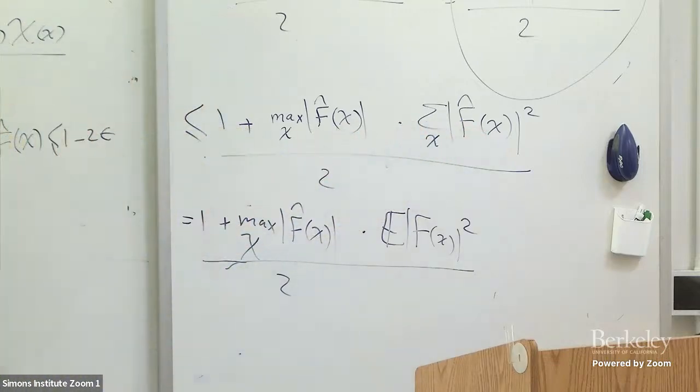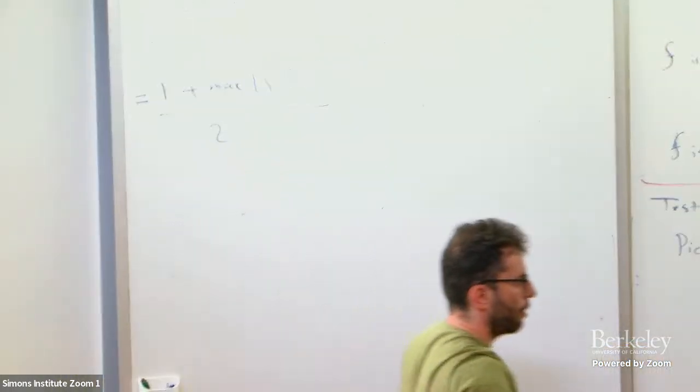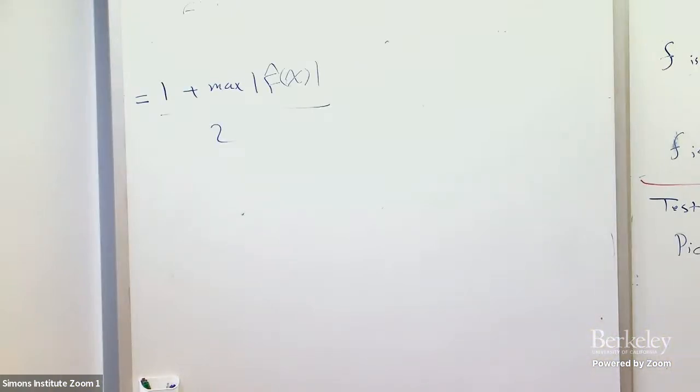This whole sum is just 1, so I can drop that and am left with 1 plus the max.